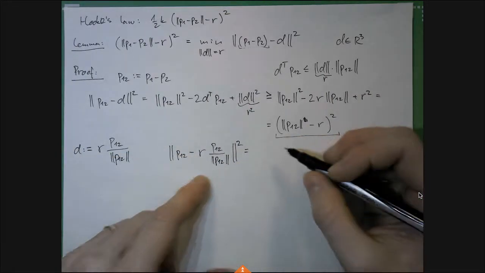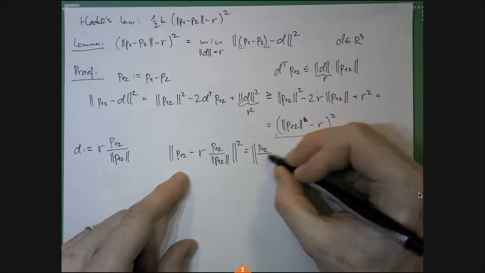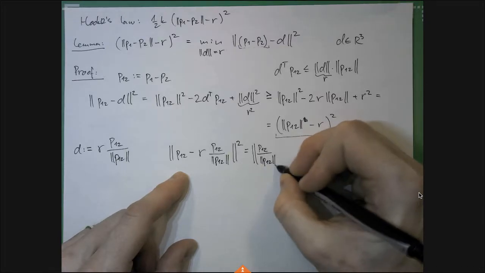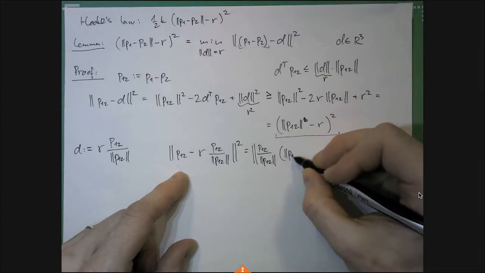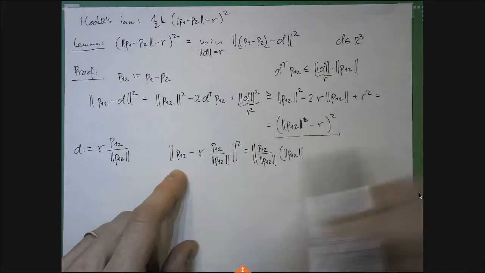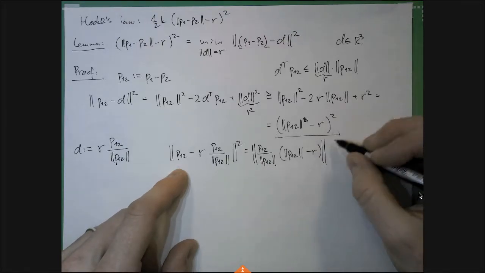So I took this objective, and I plug the D in there. And what we can do now is write it like this, P1,2 divided by norm of P1,2. So here the first term will be the norm of P1,2. That's this one, minus R, norm squared.